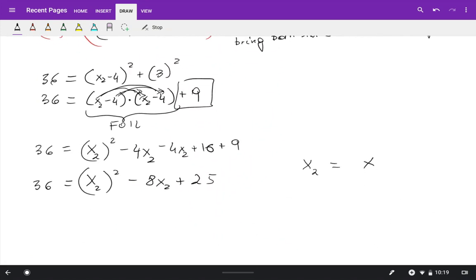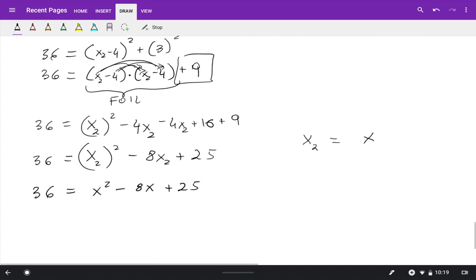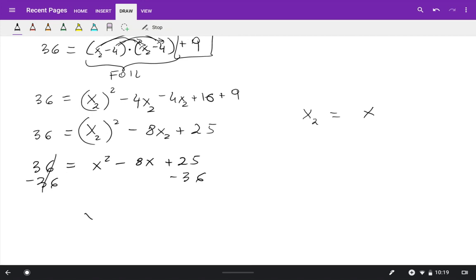So it's just easier to see it and solve it. So 36 is equal to x squared minus 8x plus 25. Let's just leave it that way. So I will subtract 36 from both sides because we will need to solve a quadratic equation. So we have x squared minus 8x, 25 minus 36.